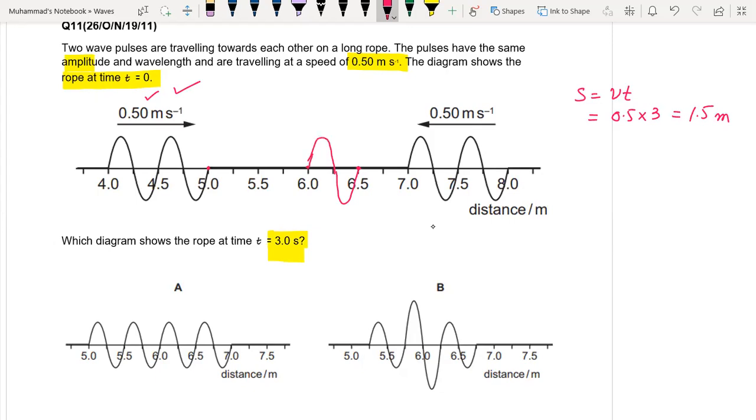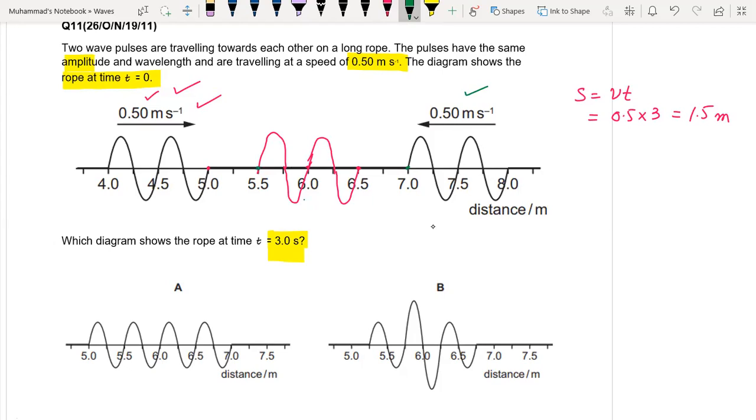This is the wave after 3 seconds. And this wave will also cover a distance of 1.5 meters. So this point will travel 1.5 meters towards the left. So this is 0.5, 1, and 1.5.